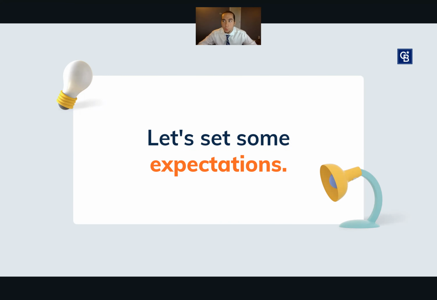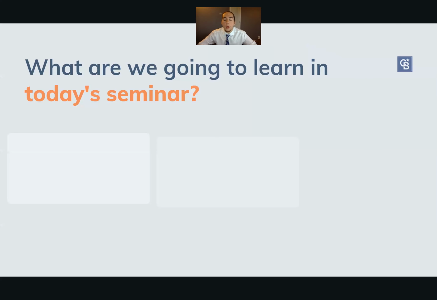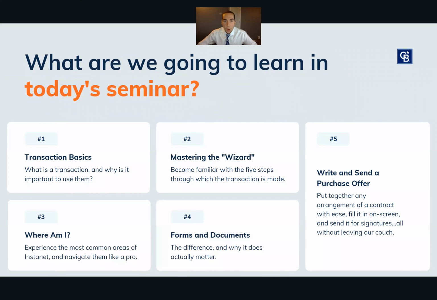So before we get super far into the nitty-gritty of learning, let's set some expectations for today. We're going to go over a bunch of different stuff. For those of you that do not want to go through the real basics of Instanet, either you've sat with Dave before and we've gone over doing a purchase offer, or you've already been working with purchase offers for a while, you kind of taught yourself maybe through some provided videos that Instanet gives you, whatever it may be.